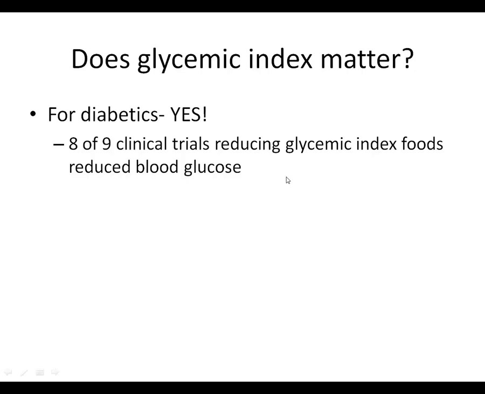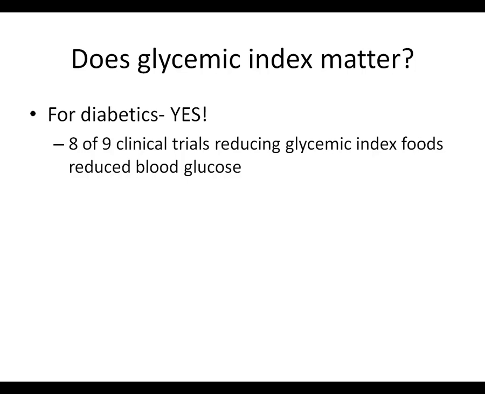But let's talk about a different group, which is diabetics. If you have type 2 diabetes, you already have a problem with glucose insensitivity. There have been a number of clinical trials that looked at whether, if diabetics are asked to focus on the glycemic index of the food they eat, it will reduce their blood glucose.